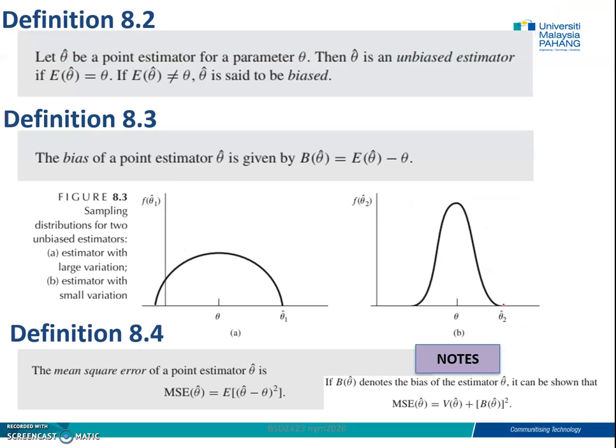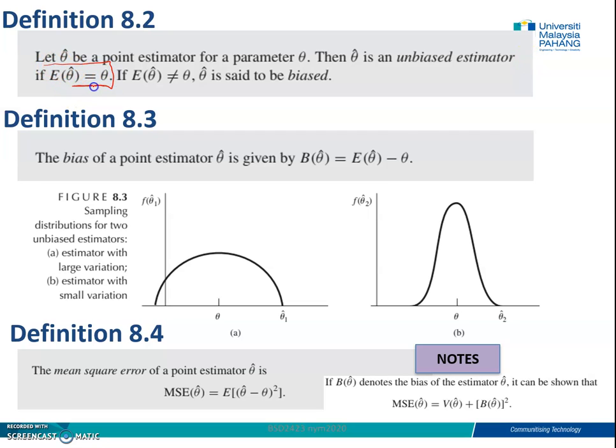Now, definition 8.2. Let theta head be a point estimator for a parameter theta. Then theta head is an unbiased estimator if expected theta head equals theta.